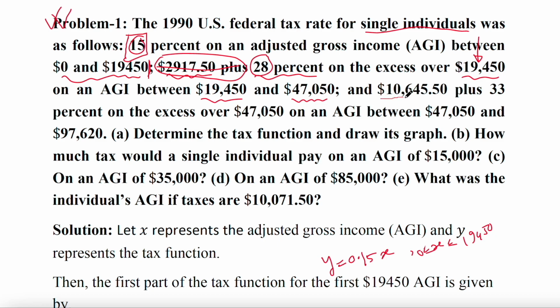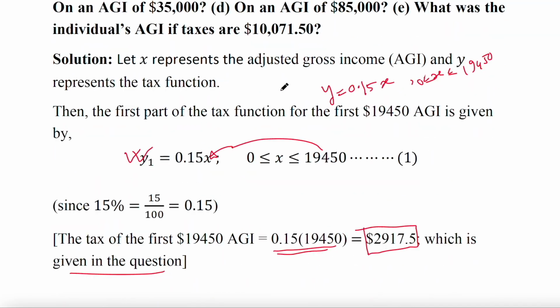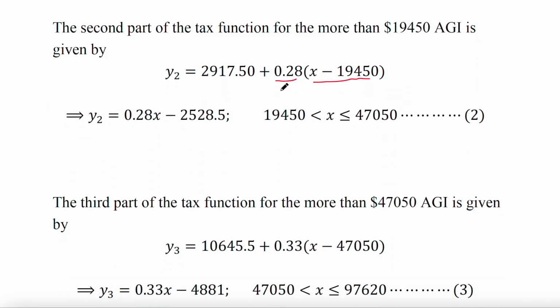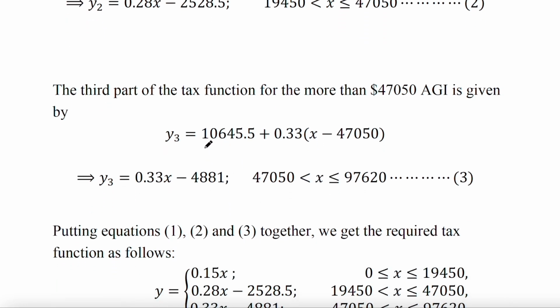And similarly, the third piece will be what? You see, this amount plus 33% on the excess over this amount on an AGI between $47,050 and $97,620. So the third piece will start from here, $10,645.5 plus 33% for the remaining part.